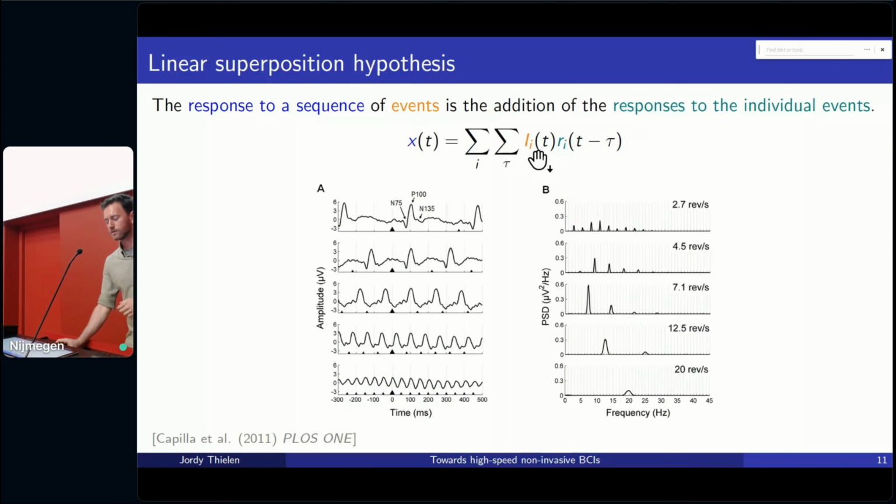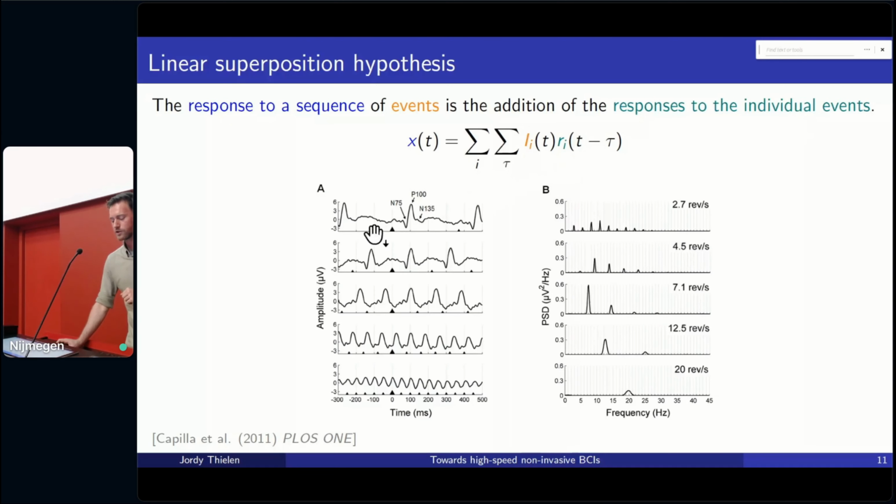So here's an indicator function that just tells us at which point in time we have a certain event. Additive, we have two sums here for the responses to individual events. I already here prime you a little bit with one step further that actually allows a little nonlinearity. There might be different types of events. Right? So we might have different responses to different types of events. For instance, a short flash and a long flash. We'll see this later on as well.